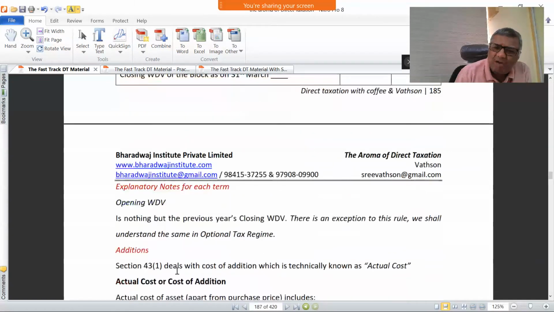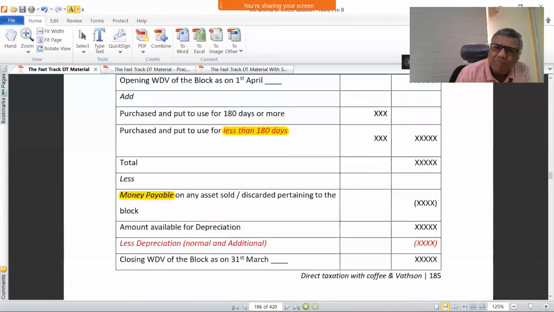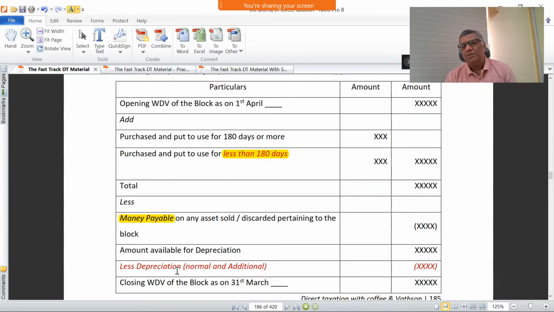This is the format of our depreciation. Please look into this format once.